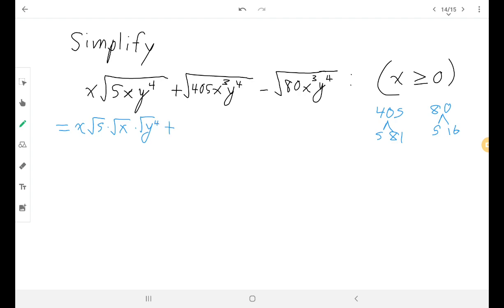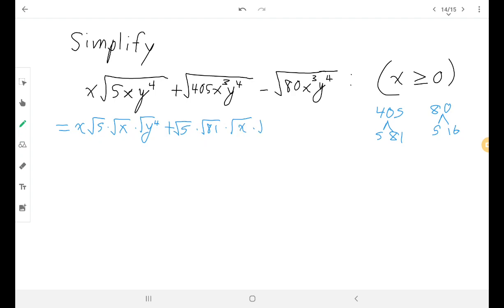Plus square root of, instead of 405, it's going to be 5 times 81. Maybe I'll just split that into 2 now. So square root of 5 times square root of 81 times x cubed. Instead of calling it x cubed, I'm going to call it x times x squared and split that up.